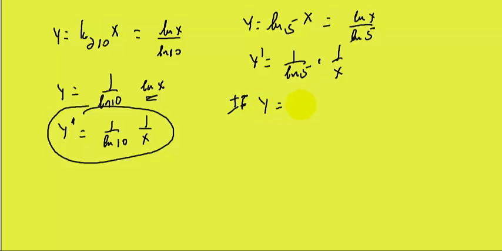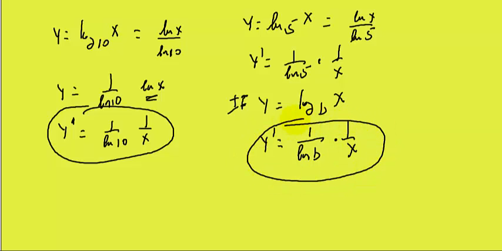If y is equal to log base b of x, then y prime is 1 over ln of b times 1 over x. And that is the formula for any other base besides ln. But it's just easier to convert that using the change of base formula and go from there. That's the easiest way to do that.